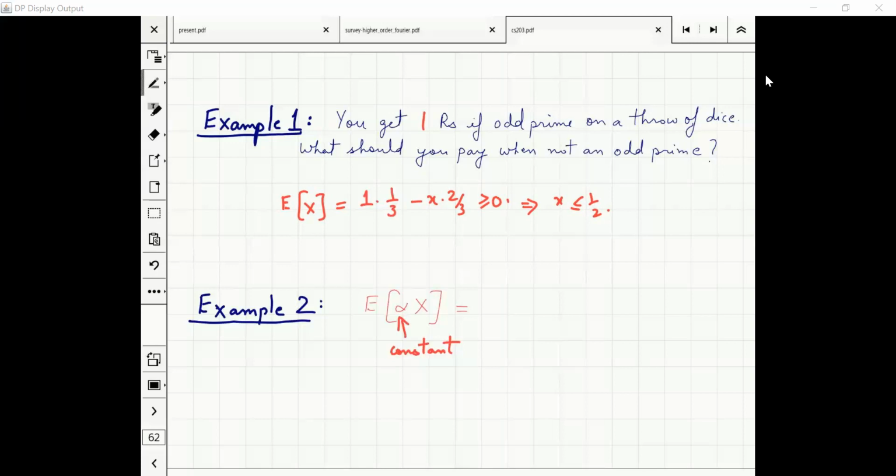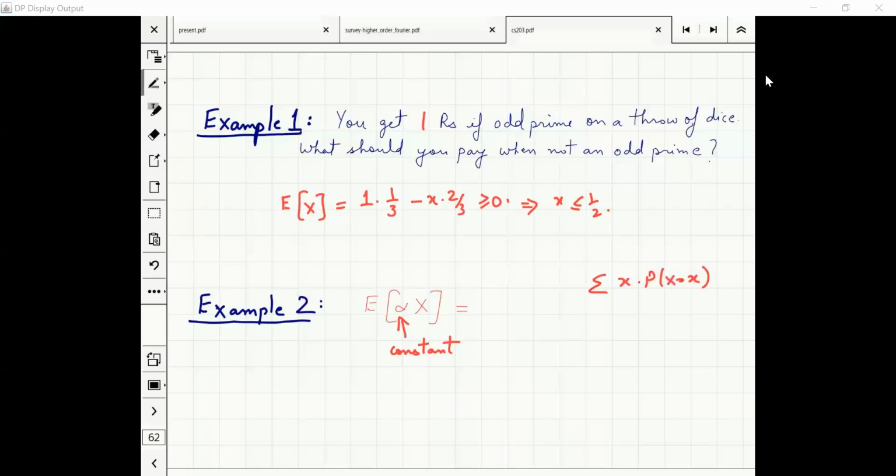So anyway, coming back to mathematics, what should be the expectation of alpha times X, where alpha is a constant? What is the expectation of 2 times X, for example? You look at the formula, right? The formula was summation over x, x times probability X is equal to x.